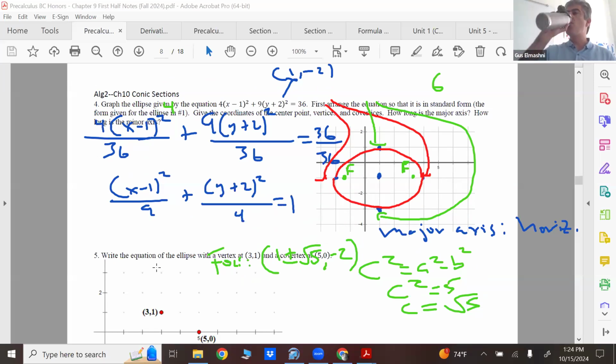Yeah, go, Kieran. Well, you want 1 on the side, right? And so A was reserved for the bigger denominator. So A squared is 9 and B squared is 4. So A is 3 and B is 2.